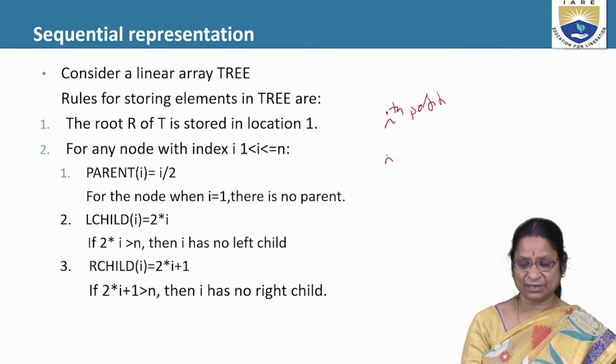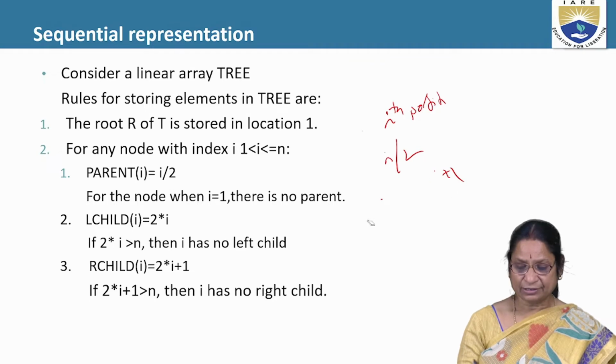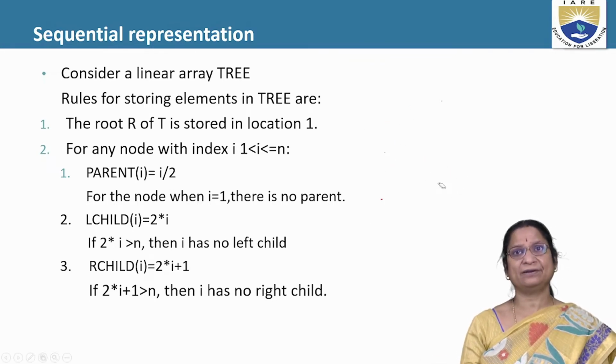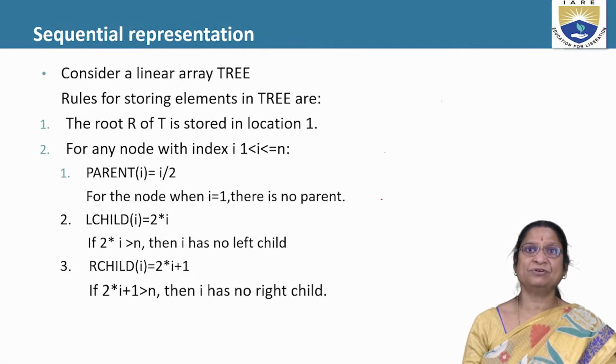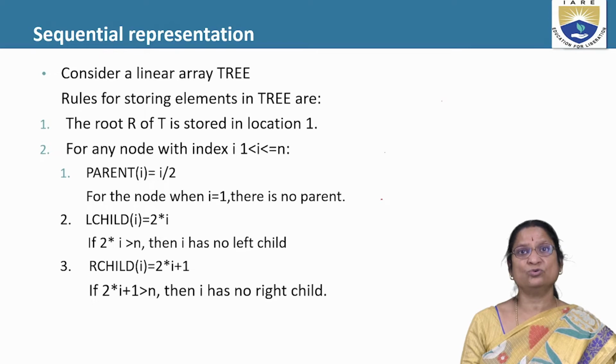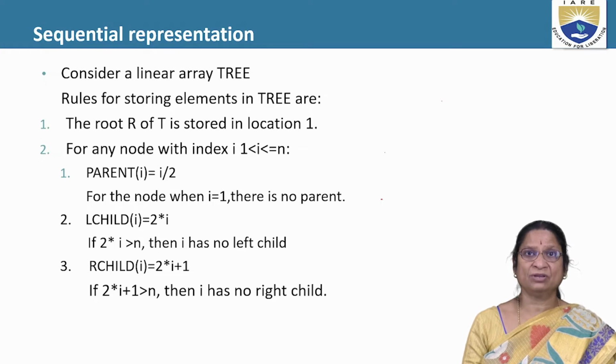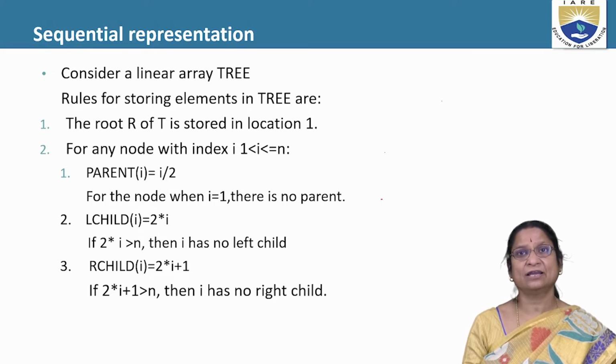Then its parent will be in the i by 2 position, its left child will be in the 2i position, and its right child will be in the 2i plus 1 position. If it is a complete binary tree or full binary tree, this sequential representation is very useful to us. But in any other types of trees, in which nodes have either 1 child or 0 children, waste of memory may occur.